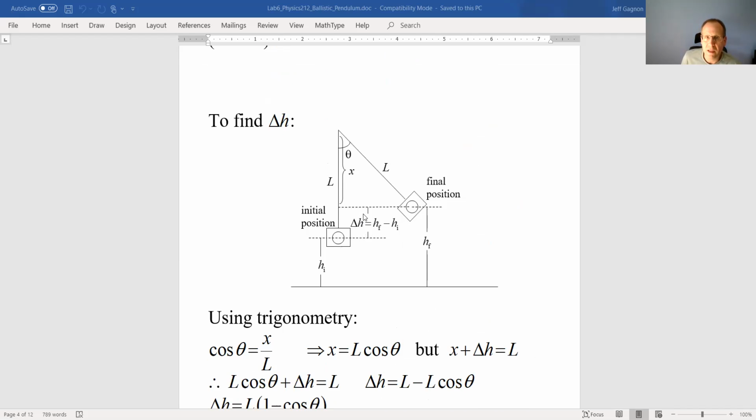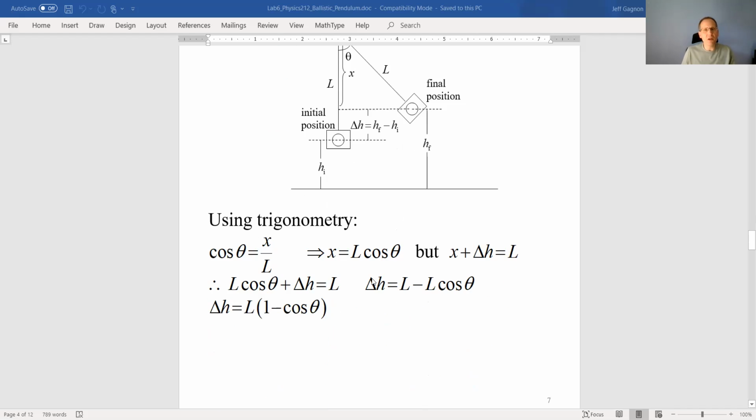So this delta H, I can figure that out by looking at the length of the pendulum and then the angle it undergoes. So that's the angular displacement theta that the pendulum swings up. So using that information, I can figure out delta H. And then I can work backwards, and ultimately I can calculate the velocity of the ball as it leaves the gun, okay? So let me show you all of this. I'll go back to the iPad to derive this.